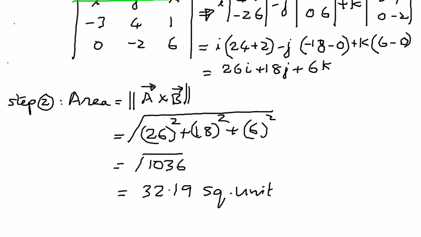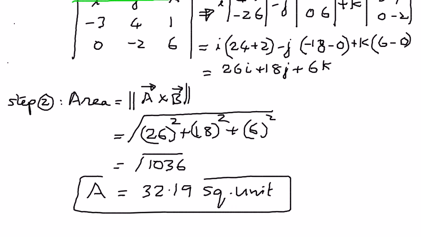So the area of the parallelogram is 32.19 square units. So this is the way we can solve application problems. In this particular case, we are trying to find the area of a parallelogram using vectors. In my next presentation, we shall look at some more examples related to applications of vectors in 3 dimensions.